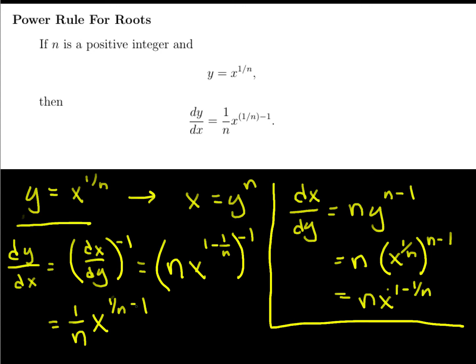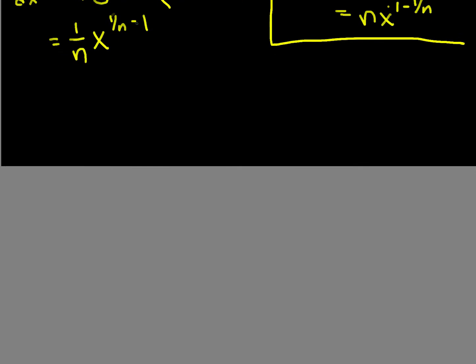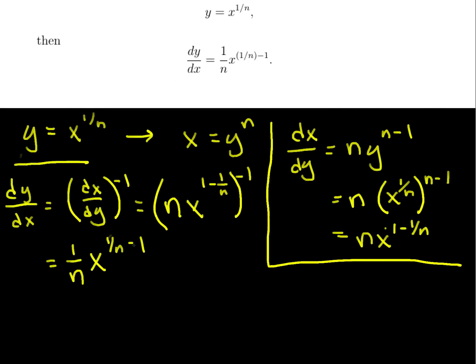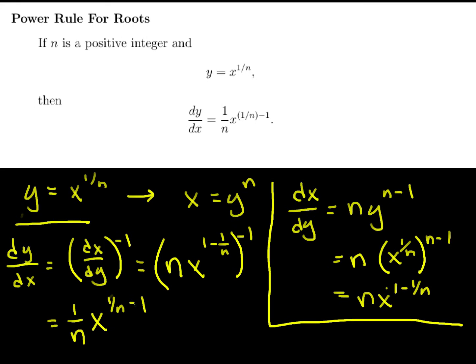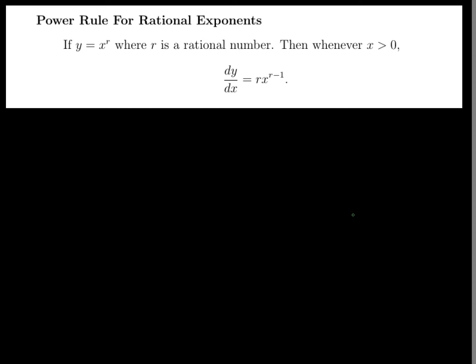So the next thing I want to look at is the power rule for general exponents. Let's get this done. We know what the derivative is of a root, and now we can use that fact to tell us what the derivative is for any rational exponent.